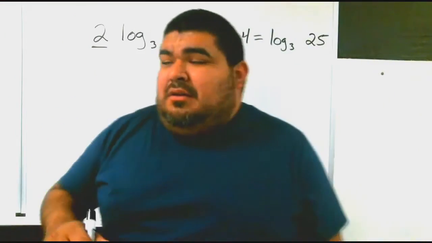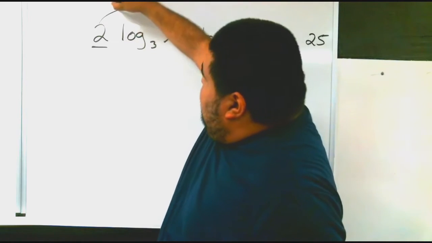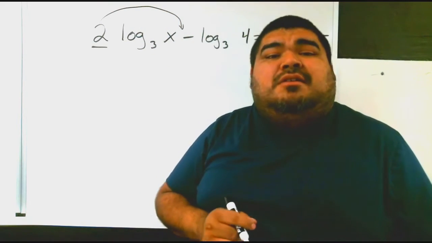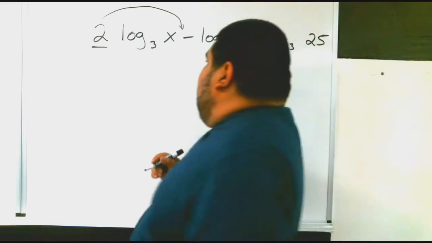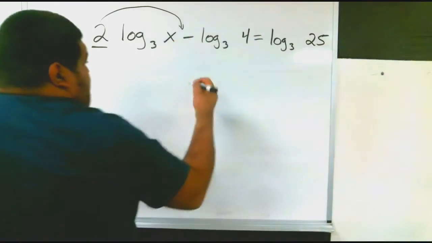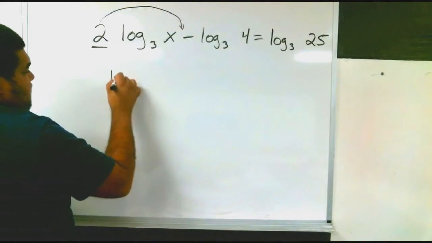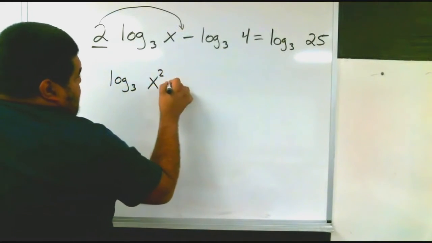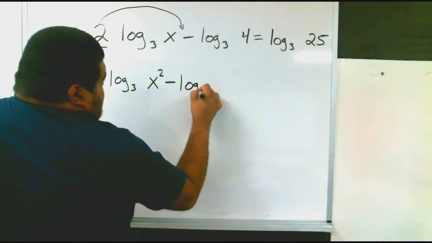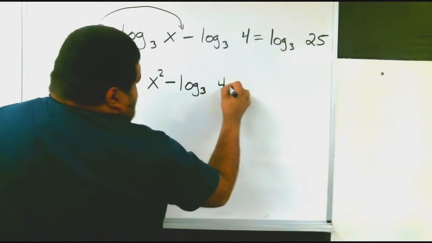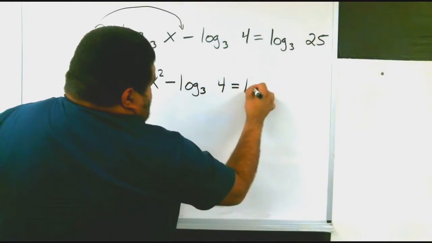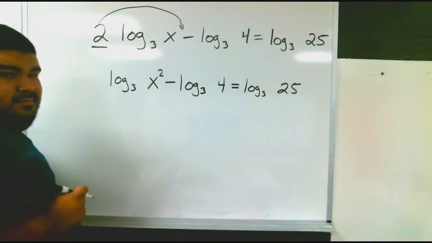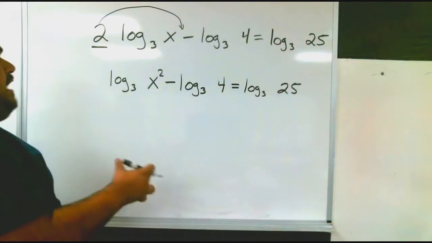In order to get rid of the 2, we move it as an exponent next to the number after the log, which in this case is x. So our new problem is log of 3x squared minus log of 3, 4 equals log of 3, 25. Now they're all kind of similar.